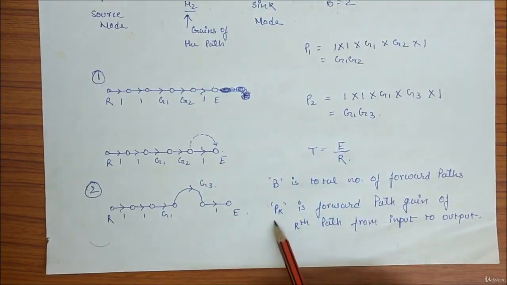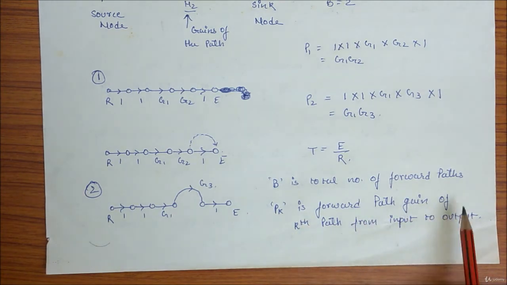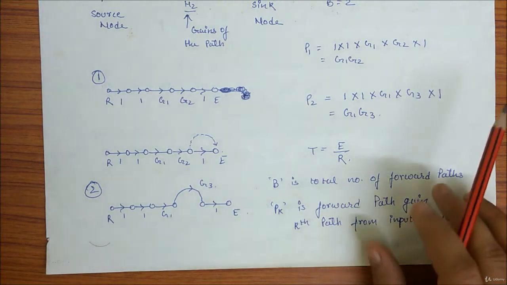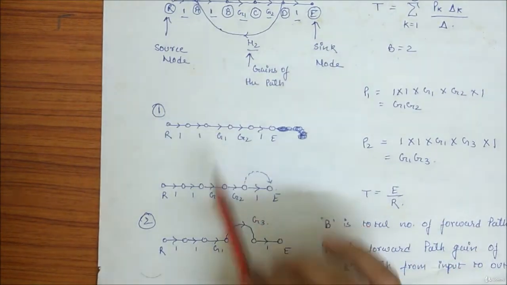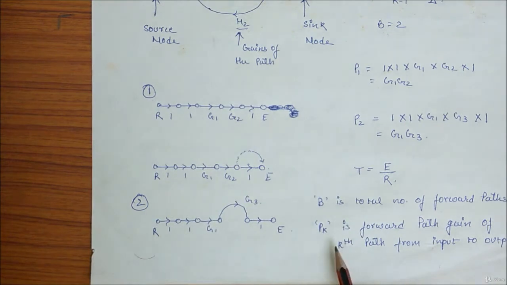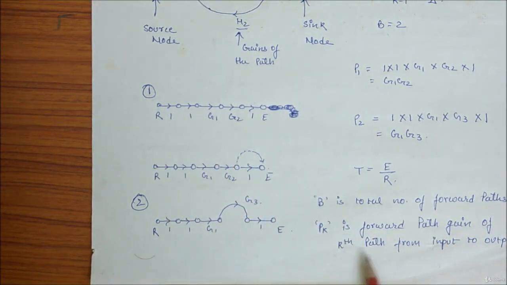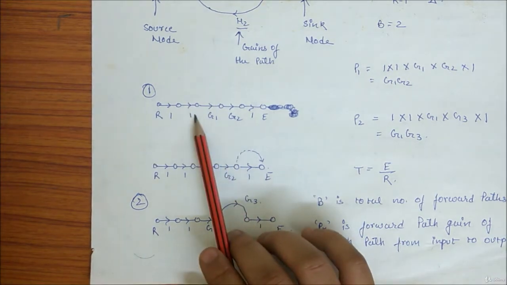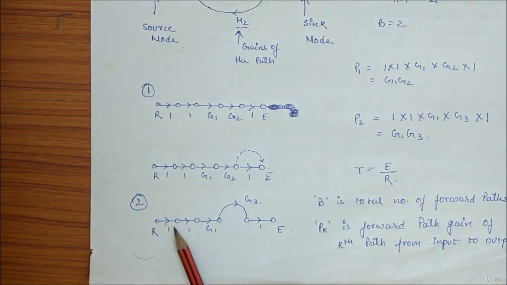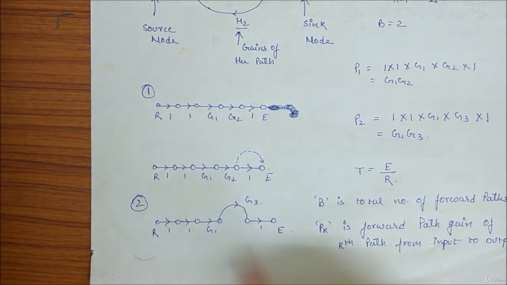Now Pk is defined as the forward path gain of the kth path from input to output. This is one path, this is the second path.